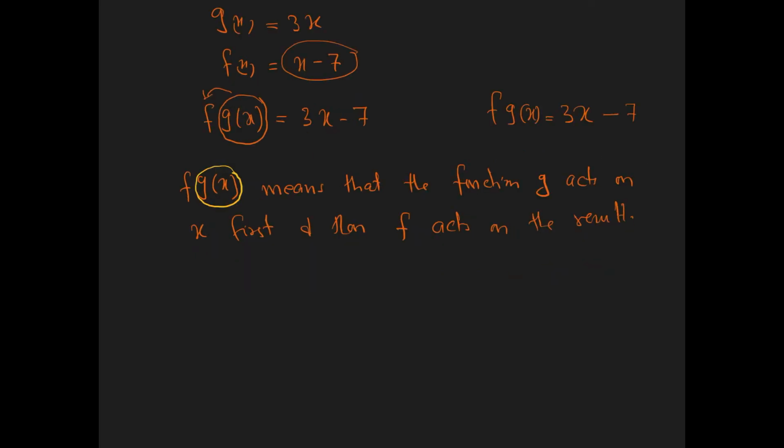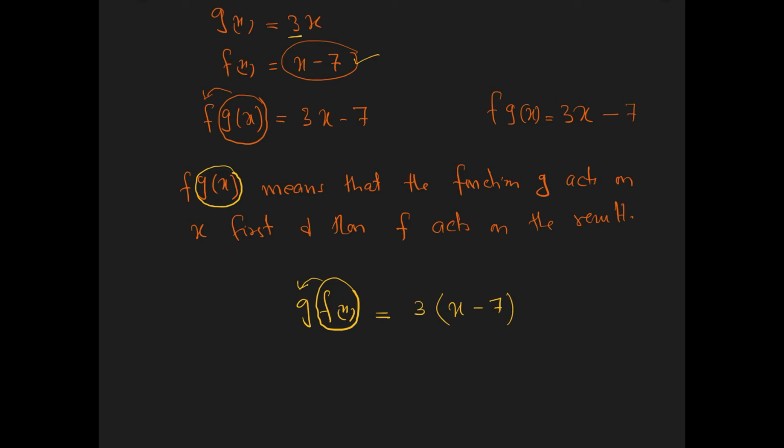Now if we want to work out g of f of x, it means that first f acts on x, and this is x minus 7, subtracting 7 from x, this is f(x), and then on the result we apply g, or g acts on the result, which is 3 times whatever our result is, so multiplied by 3.